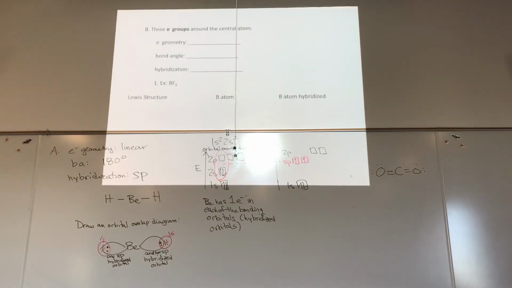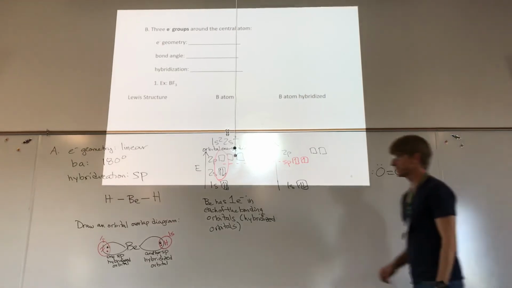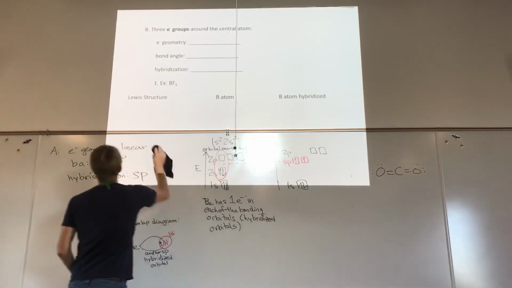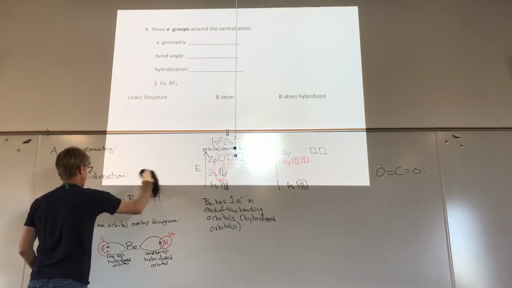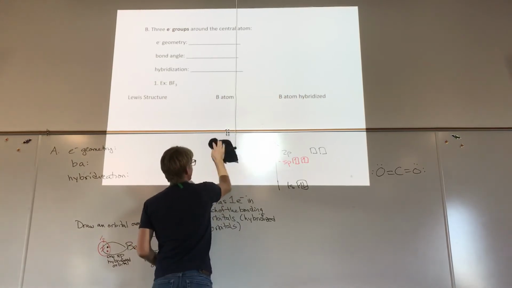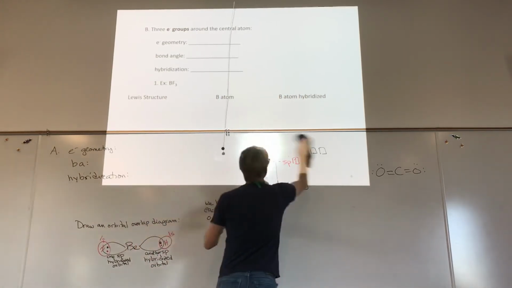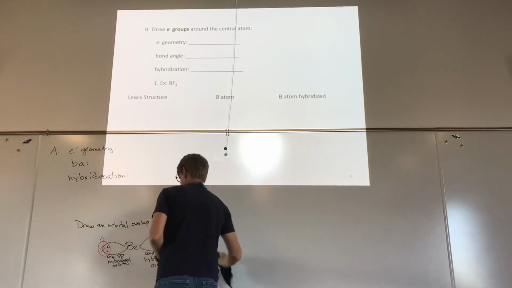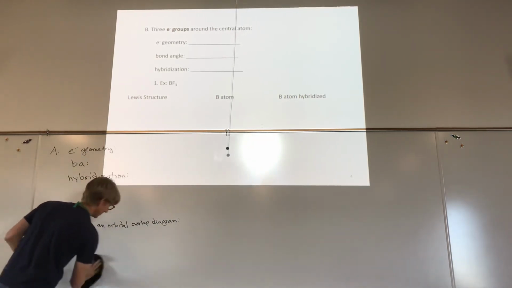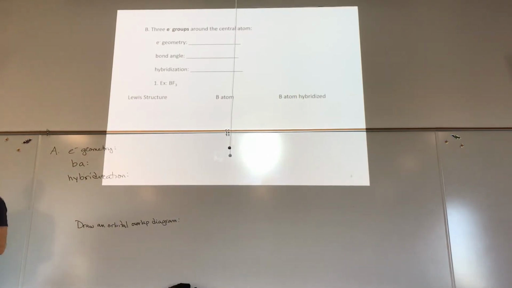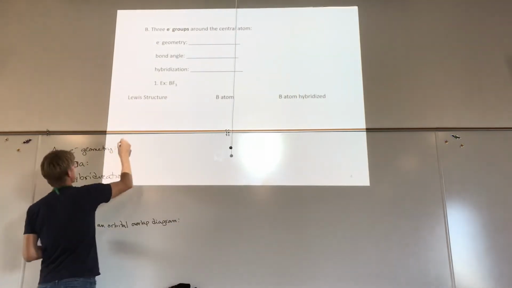Well, now we go to 3 electron groups. For 3 electron groups, the electron geometry is trigonal planar.